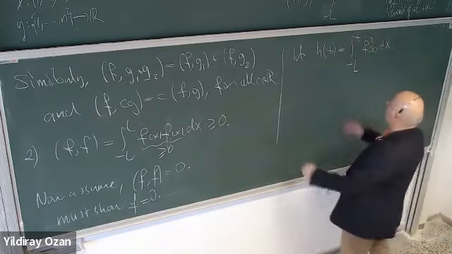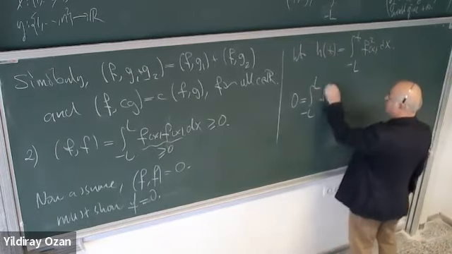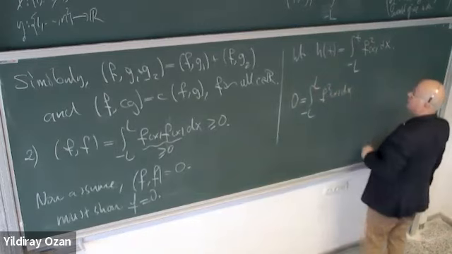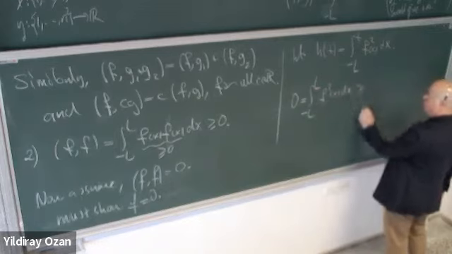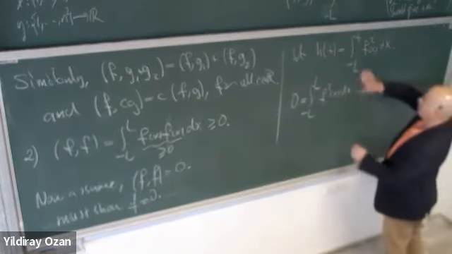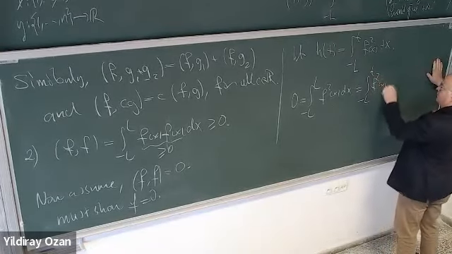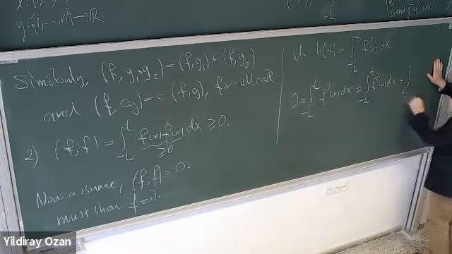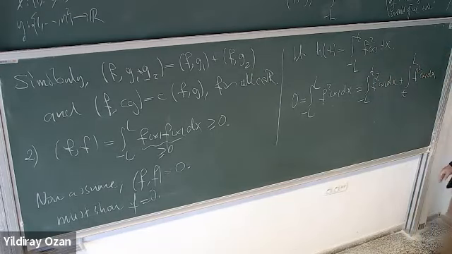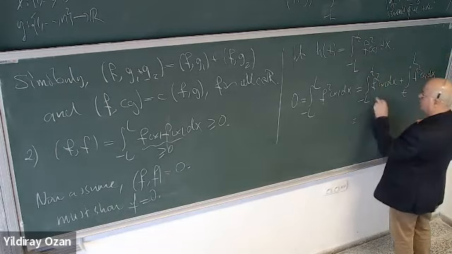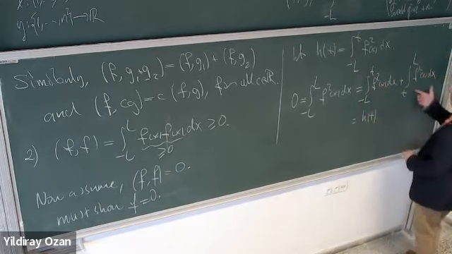Now we know that zero is equal to the integral from minus L to L of f squared x dx. This is a non-negative function. Therefore, I can write it like this: the integral from minus L to t of f squared x dx plus the integral from t to L of f squared x dx. This is just h of t. And what about this other part?